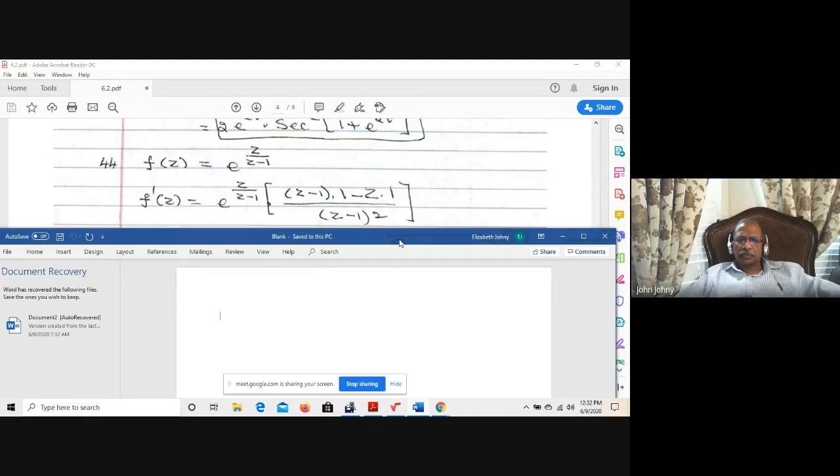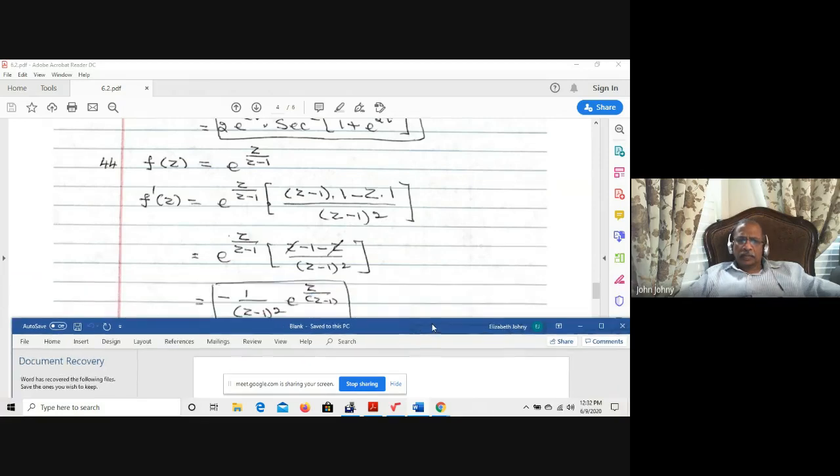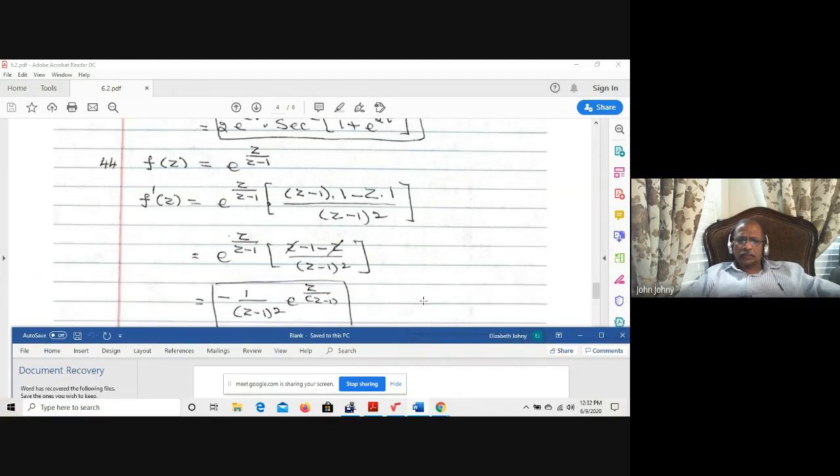Now you distribute the negative, you get e to the z over z minus 1 times (z minus 1 minus z) whole divided by (z minus 1) squared. And the final answer is negative 1 over (z minus 1) squared times e to the z over z minus 1. That's it.